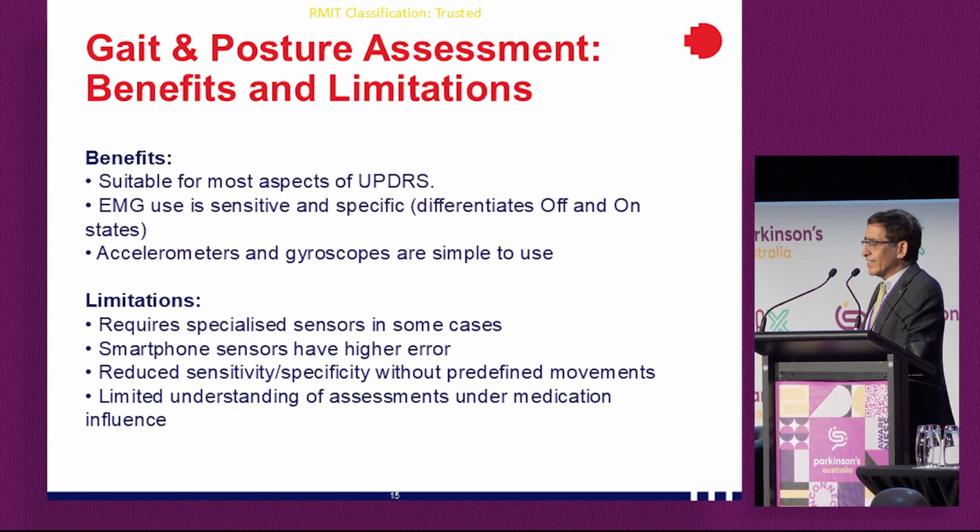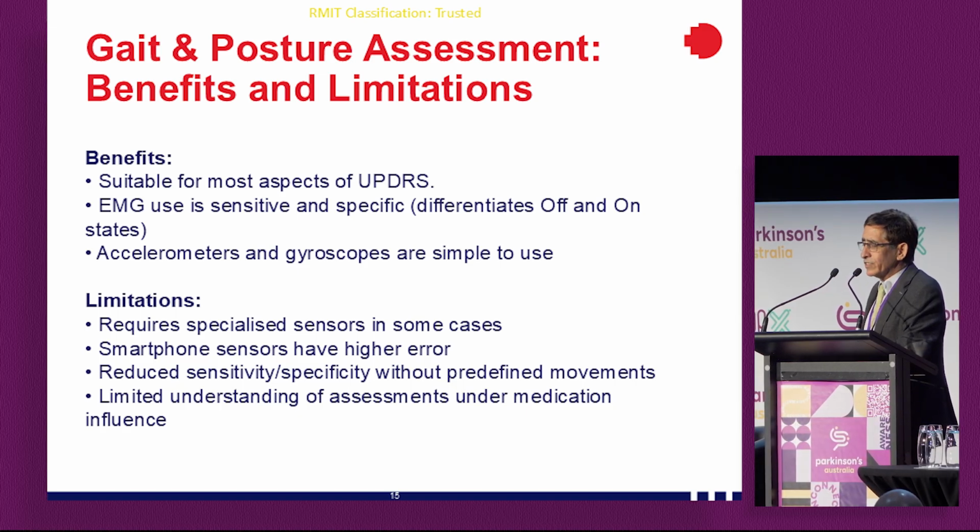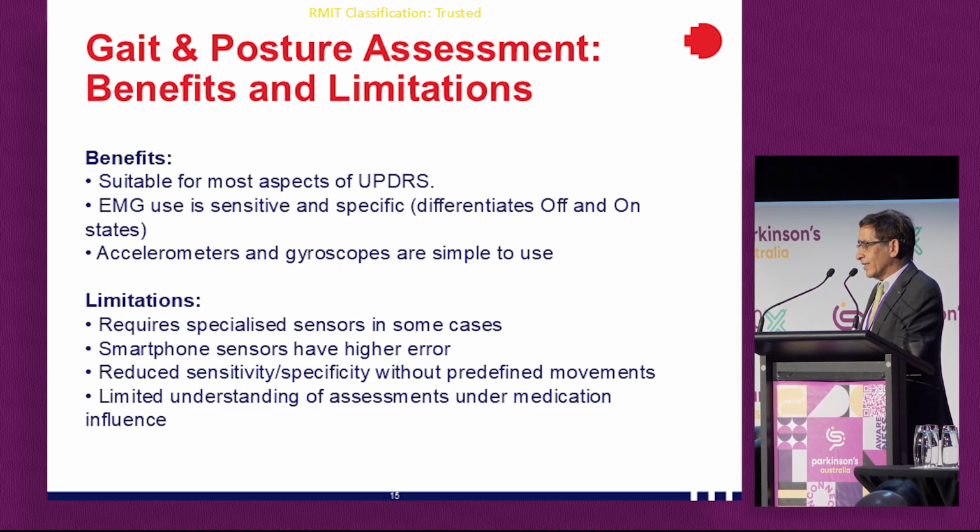However, the limitations is that you require specialized sensors, you require equipment, and currently you need personnel because it is not fully automated. Smartphone sensors have been proposed, but they have a high level of error. Reduced sensitivity and specificity means that the response can be incorrect, which is not a good idea. And limited assessment, what happens to the effect of medication is not known.